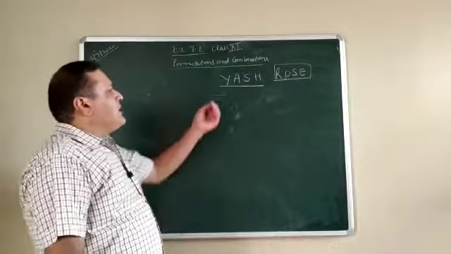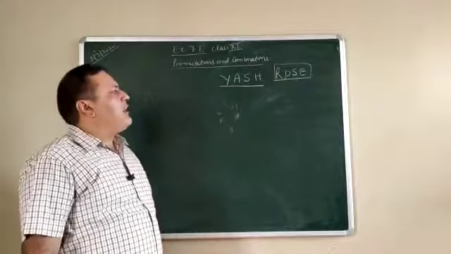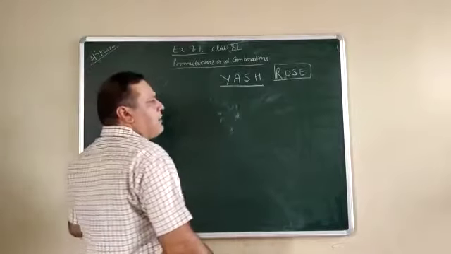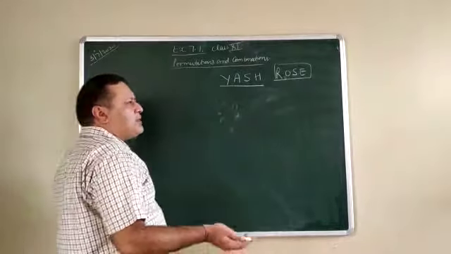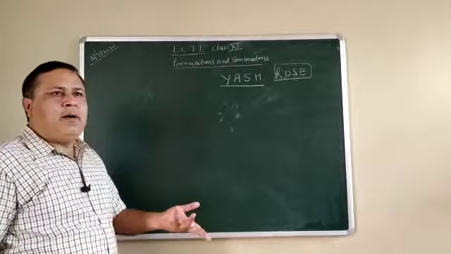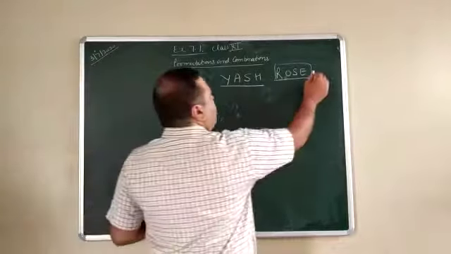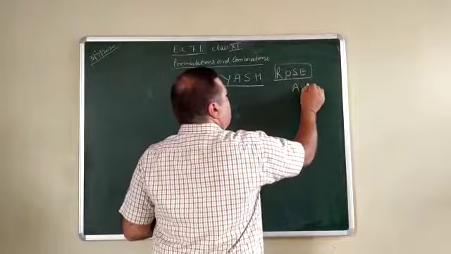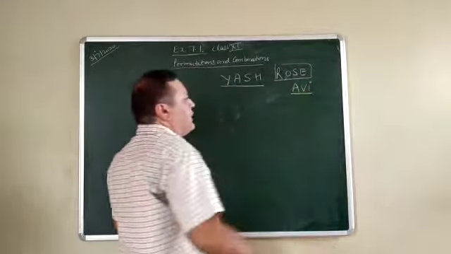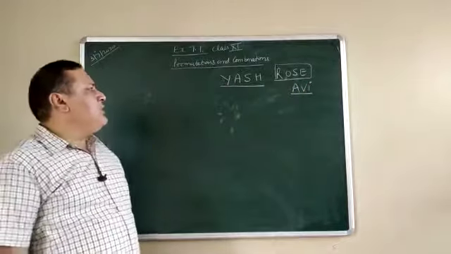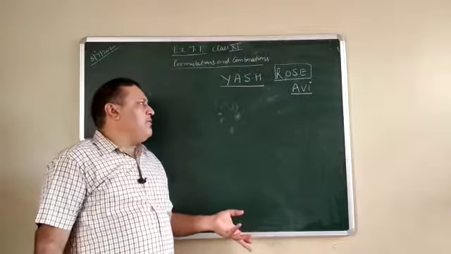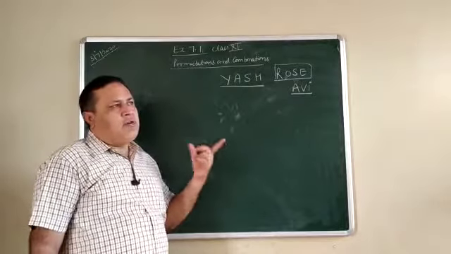This is just an example; I have taken a 4-letter name. You can take a 5-letter name, a 6-letter name, or a 3-letter name, for example the 3-letter name AVI. It is your choice, you can take any one. I will discuss with the help of one example.